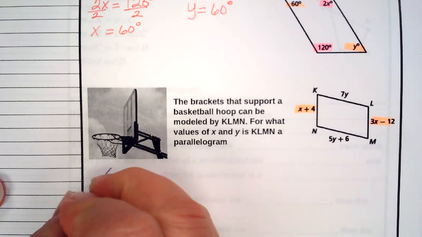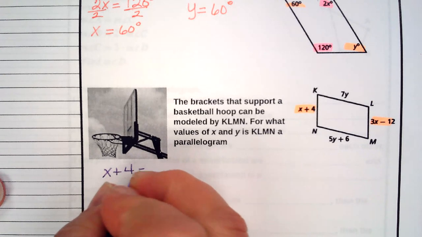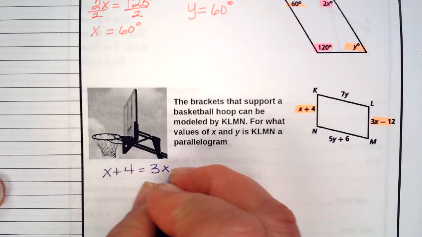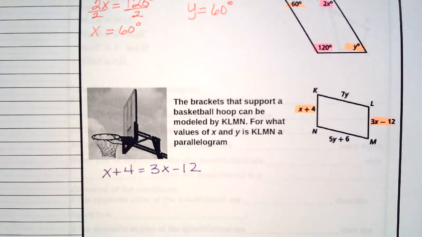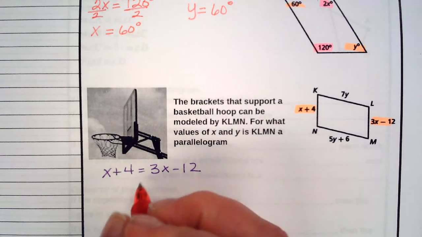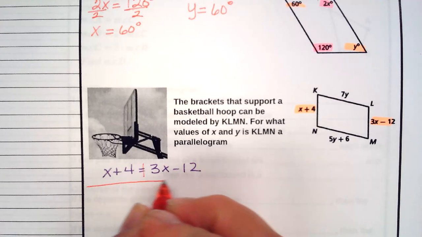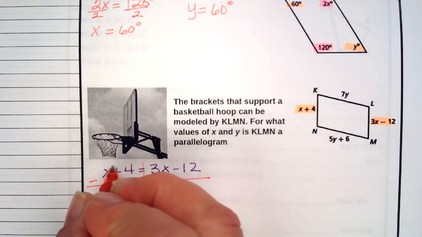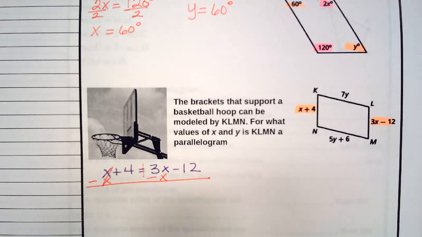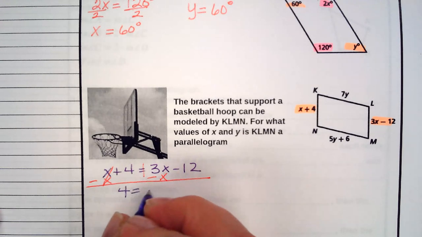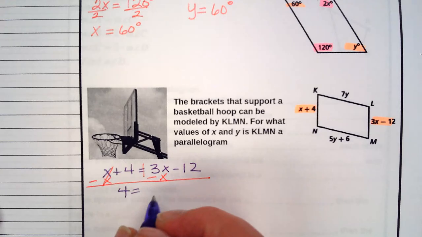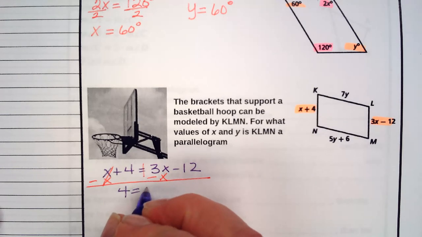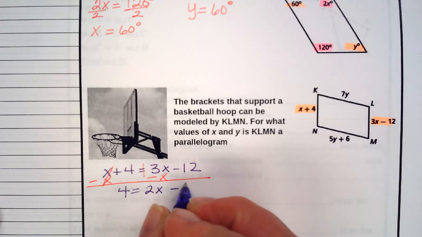So x plus 4 is equal to 3x minus 12. Start by subtracting x from both sides. 4 is equal to 2x minus 12.